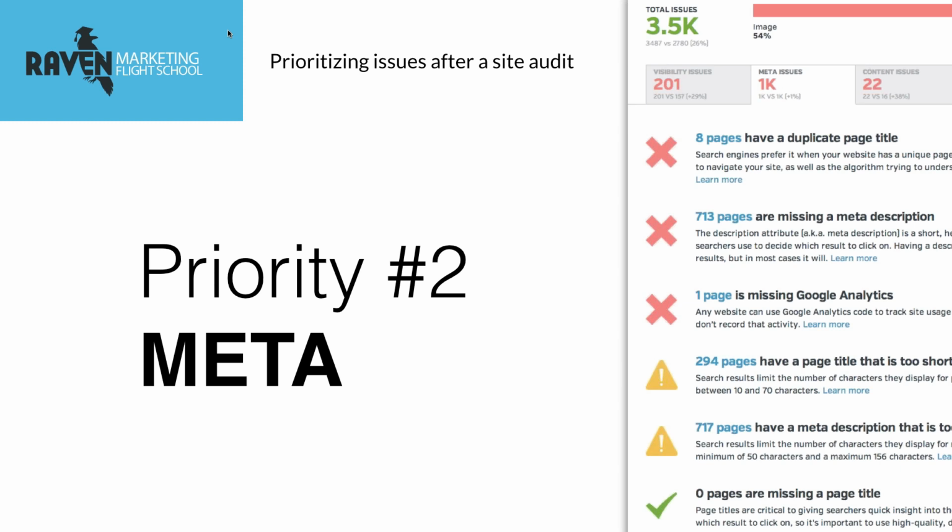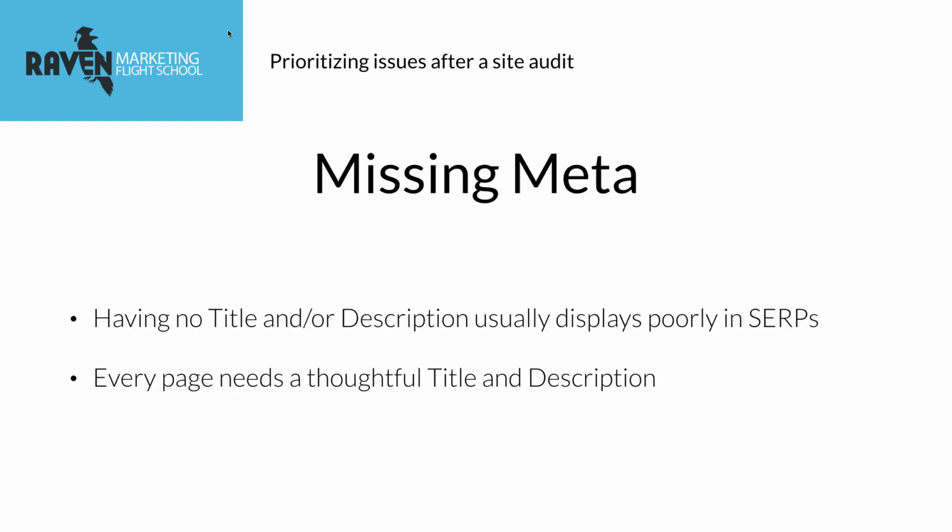So the next thing I do, once you know that you don't have any visibility problems with your site, which again is the number one priority, is look at the metadata. In particular, if I'm missing any of that metadata. The reason I start with the missing component is because that can directly affect how search engines see the page and also how it's served.